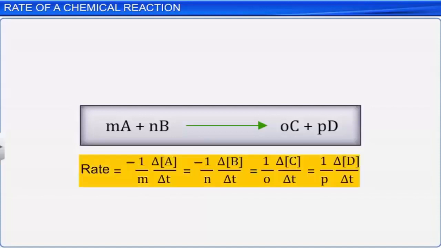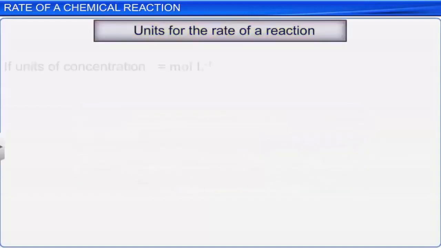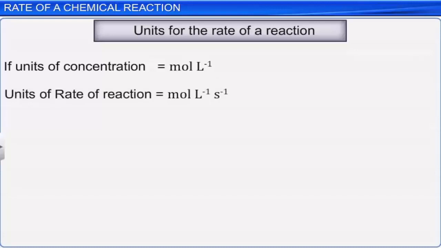You have learnt about the rate of reaction. Let us now look at the units for the rate of a reaction. If the concentration is in mole per liter, then the unit for the rate of reaction is mole per liter per second.